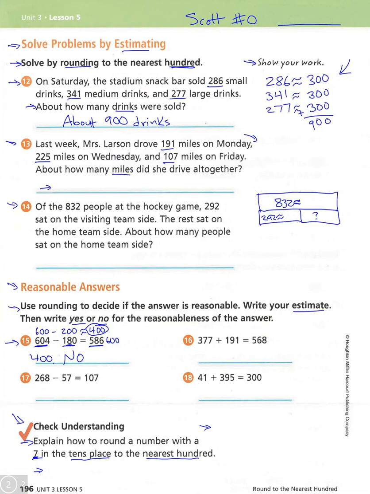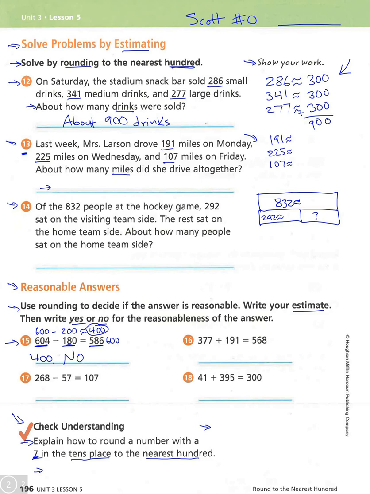Okay, here we go. So now it looks like we were working on number 13 here. We already did number 12. So I'm going to take those numbers, 191, 225, and hopefully you did this, 107, and I'm going to round them. I'm going to say those are about, remember that's what that little squiggly equal sign means.